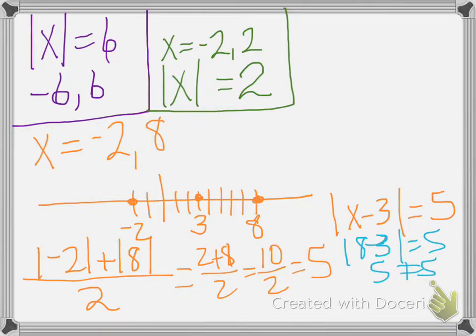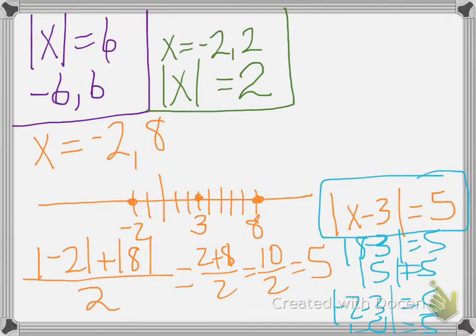Okay, how about this other one? The absolute value of -2 minus 3 equals 5. So that is the absolute value of -5 equals 5. And that's correct as well. I hope you can see that down there. Again, I'm trying to learn how to write on this Doceri. So here's my equation. That equation works.